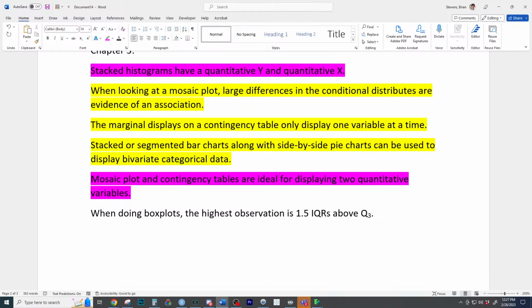When doing box plots, the highest observation is 1.5 IQRs above Q3. This is very clearly one of the two, true or false. I'm giving some tougher questions, trying to trick the students who know some of the topics. So what do you think, true or false? When doing box plots, the highest observation is 1.5 IQRs above Q3.